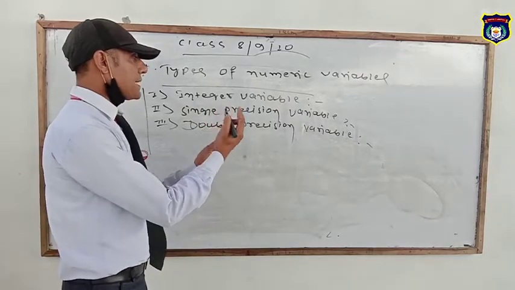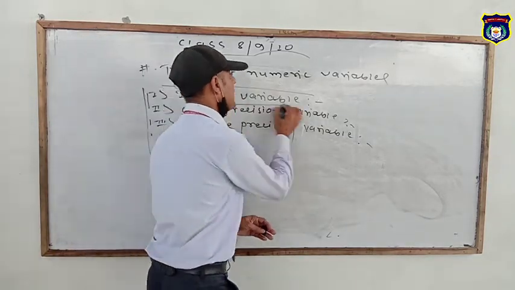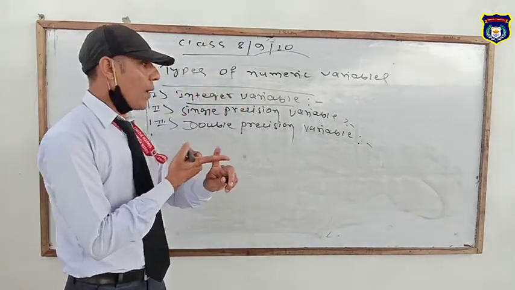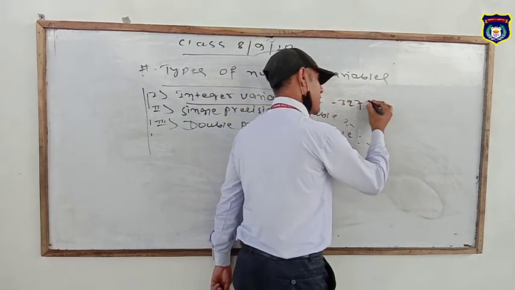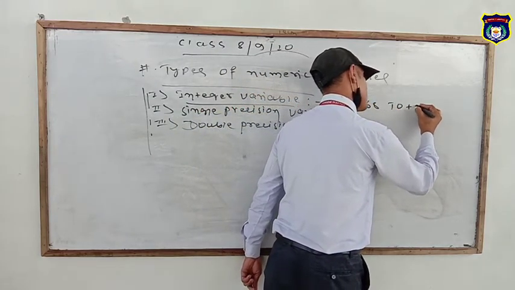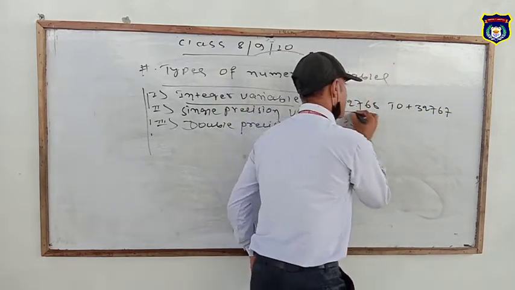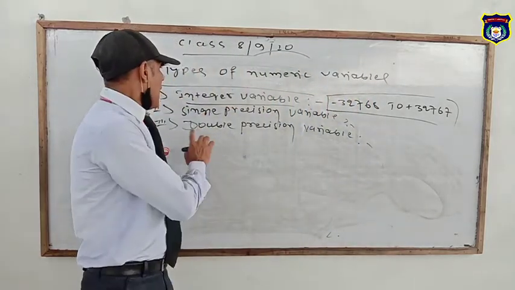But something differentiates number one, two and three. Integer variables only store integer constants, that means numbers from minus 32,768 to plus 32,767. That is its storage capacity range.